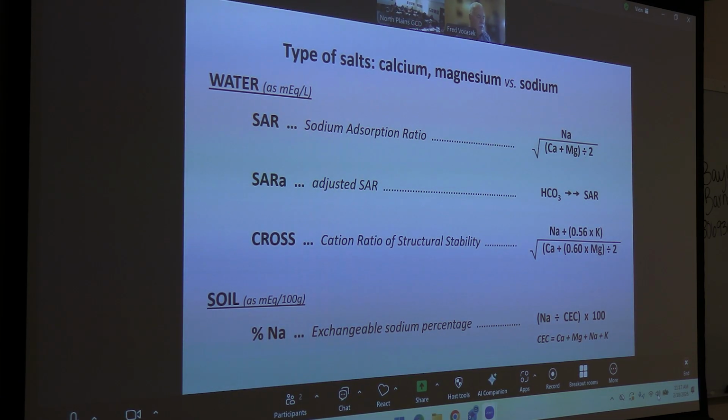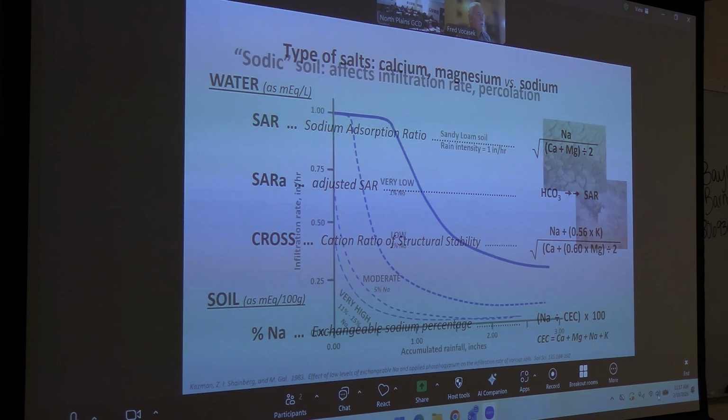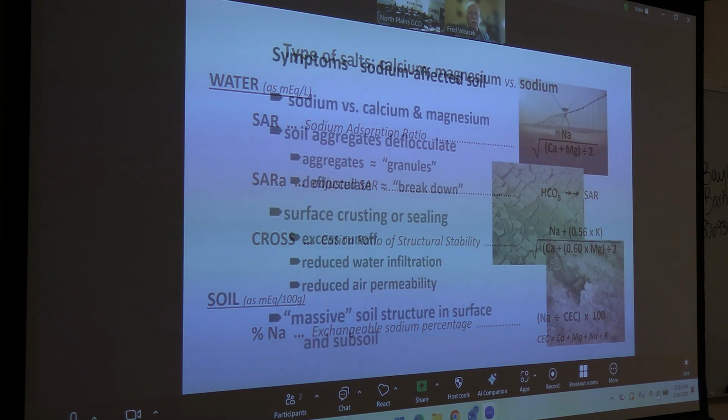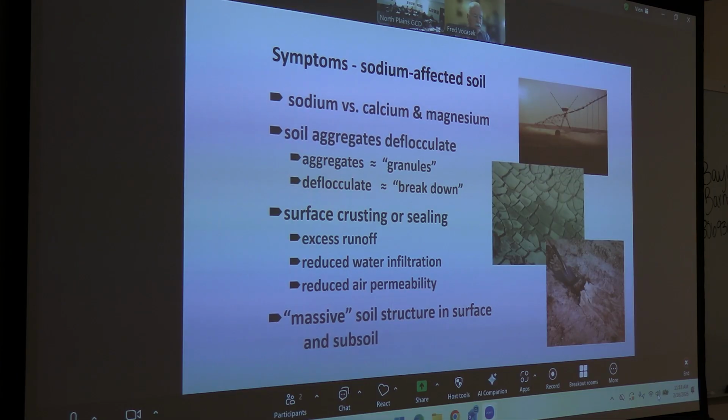Now I mentioned, to backtrack just a touch, sodium causes things to disperse. And a good example I use is, I'm not sure if you've got coffee there. If you ever see coffee creamers, it's not really cream.